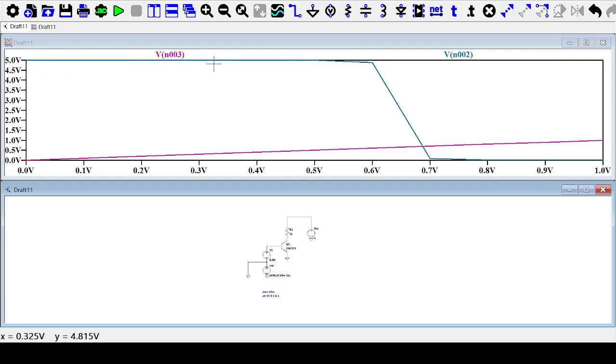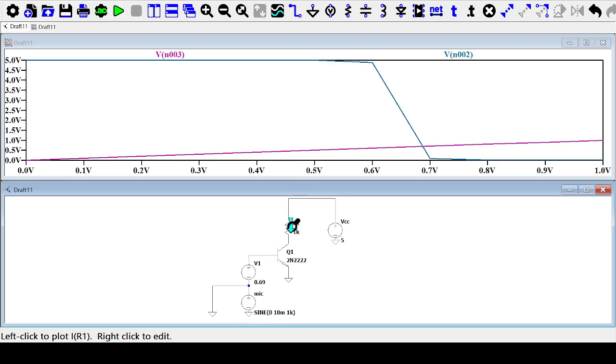We have the output voltage, and at the time when the transistor's VBE was 0 up to 0.5, the transistor was basically dead. This is what we call the cutoff region, because at that point there's no IC current flowing through.